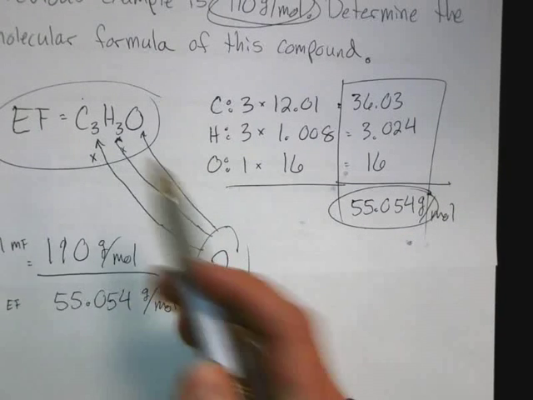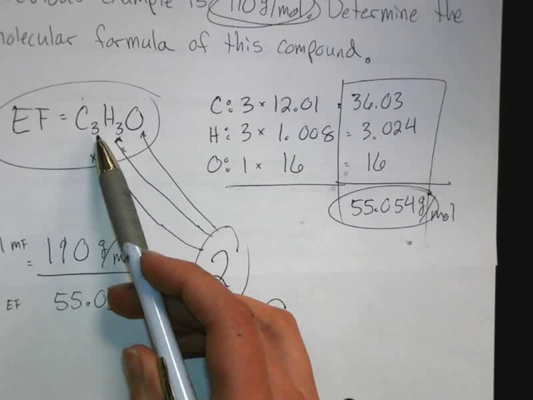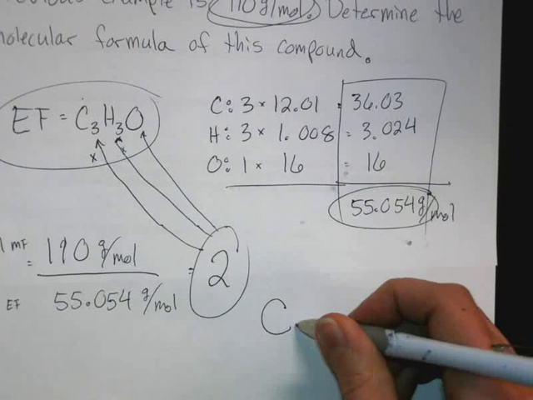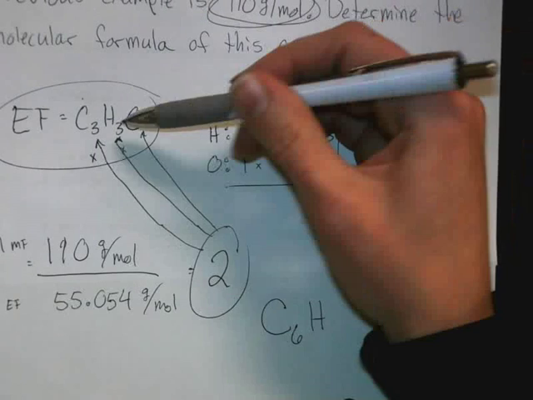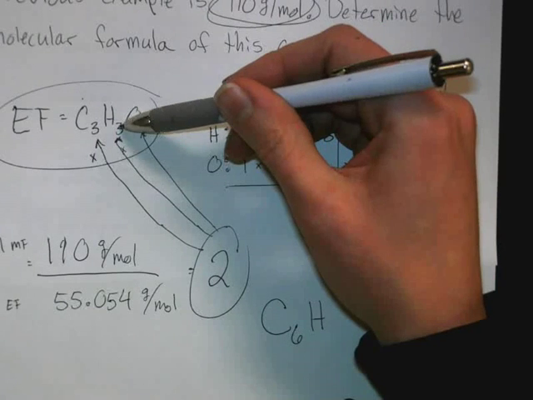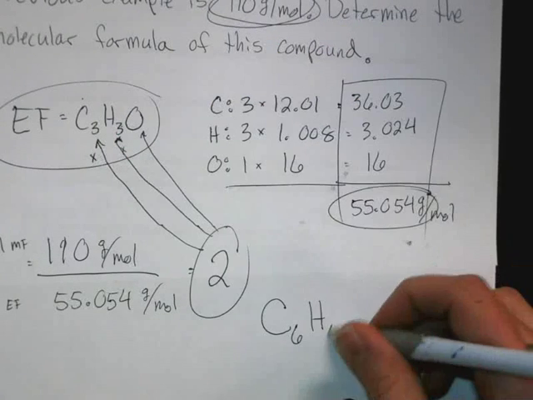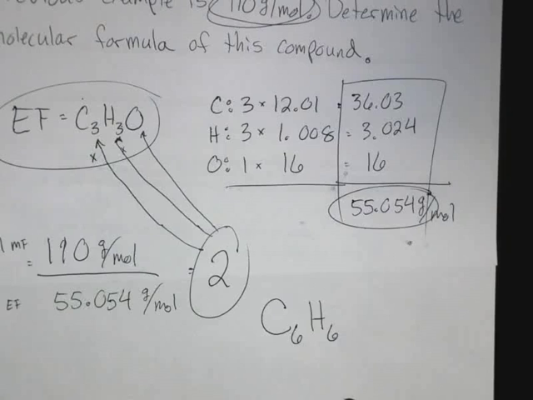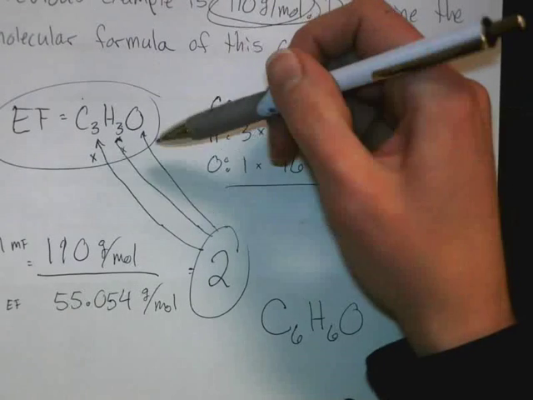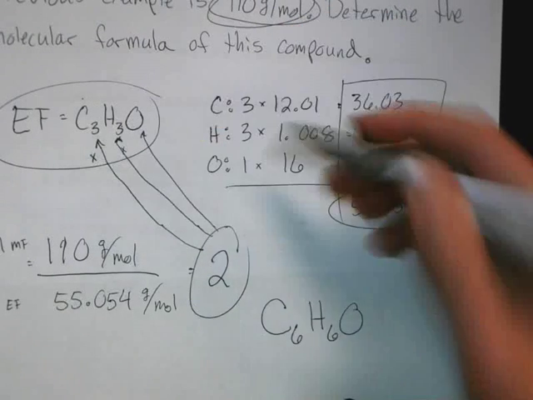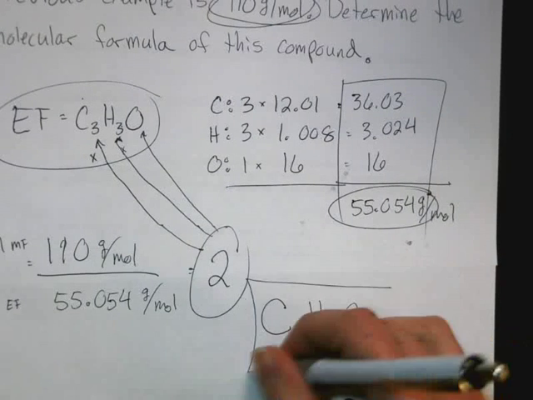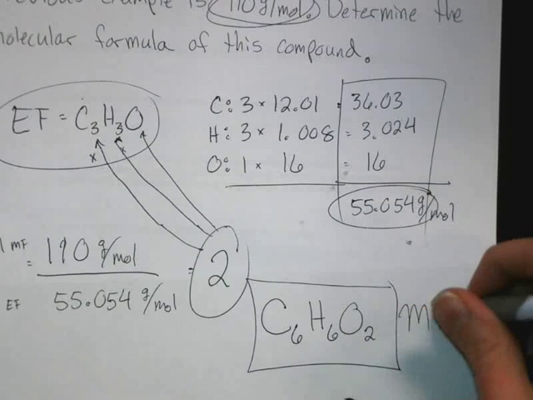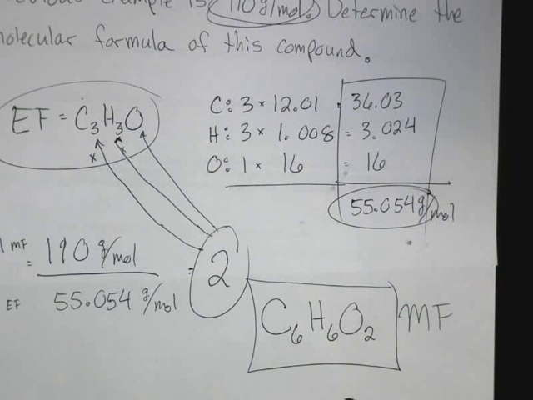So ultimately, I get C, not 3 anymore, but 3 times 2 gives me C6. And then H, it's not a 3 anymore. It's 3 times 2, H6. And then O, it's not just 1 oxygen anymore. I now have 2 oxygens. So C6H6O2, that is my molecular formula.